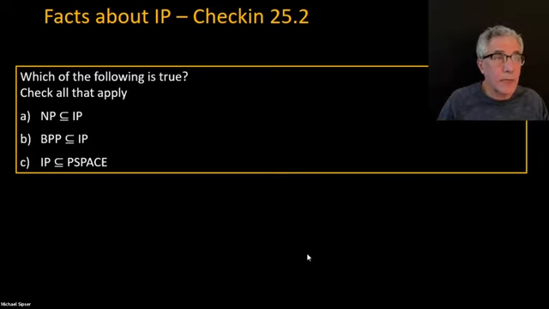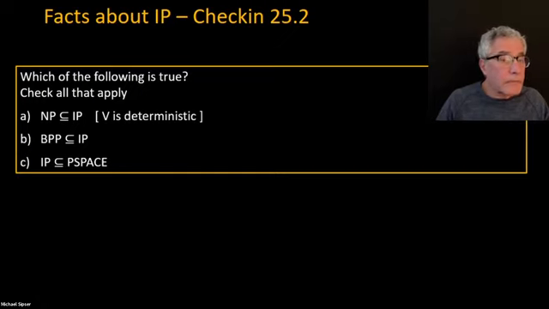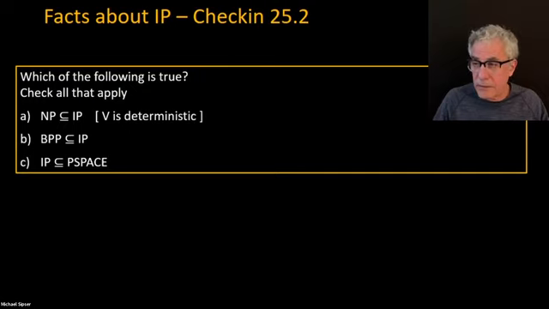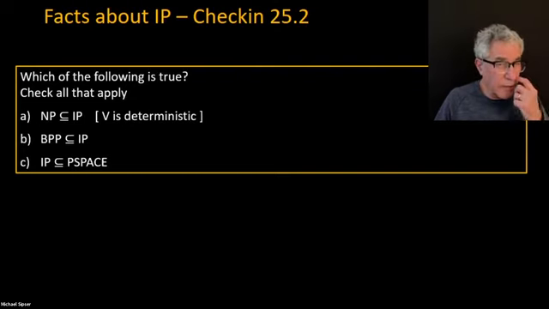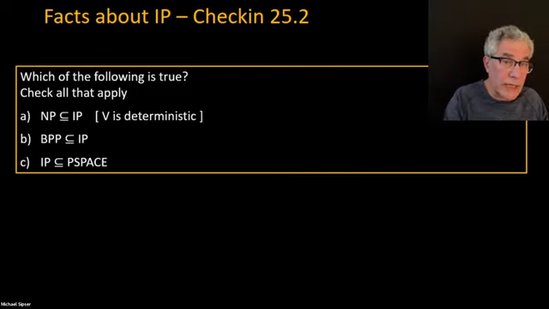Let's see. Why is NP contained in IP? Many of you have seen this already, so let's just quickly go through it. If we just had a deterministic V, the prover just sends a message to the verifier and then the verifier checks it.